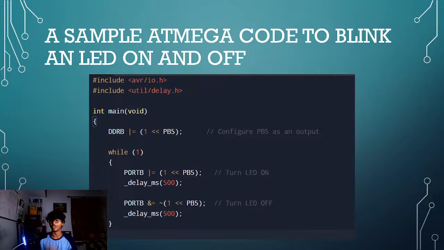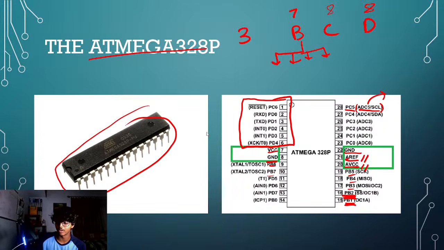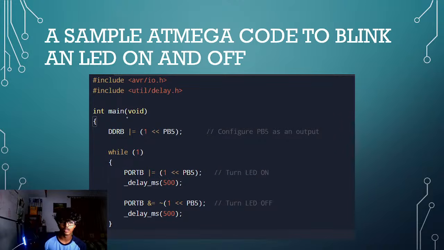I'll give you a very simple code. Very simple ATmega code. I won't go into what this means, but essentially, how you program an ATmega is by altering different registers to make it work according to what you need.